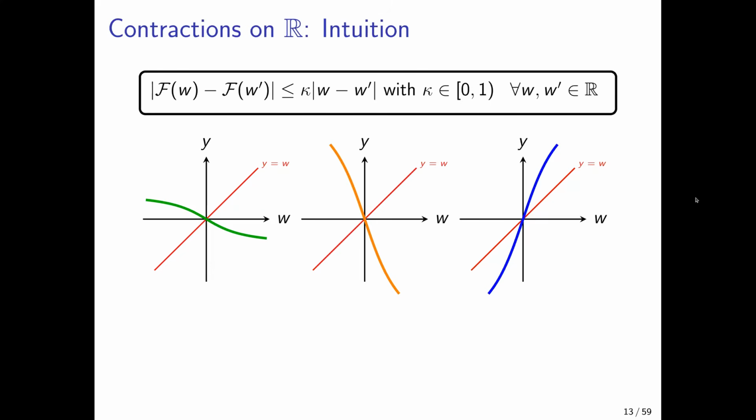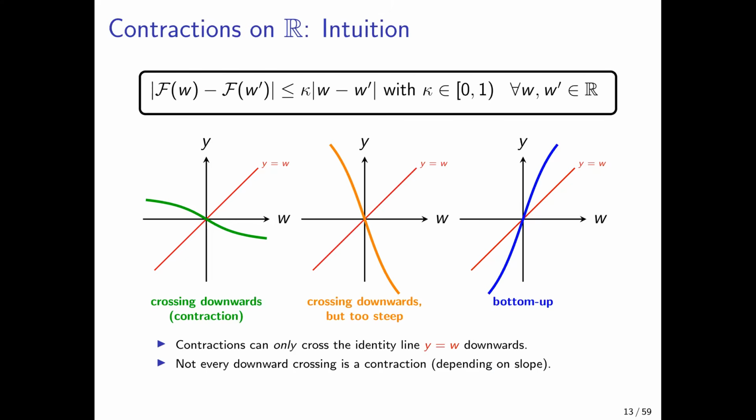Which of them is a contraction and which is not a contraction? So it turns out that on the left-hand side, the green graph indeed refers to a contraction, while the others don't.